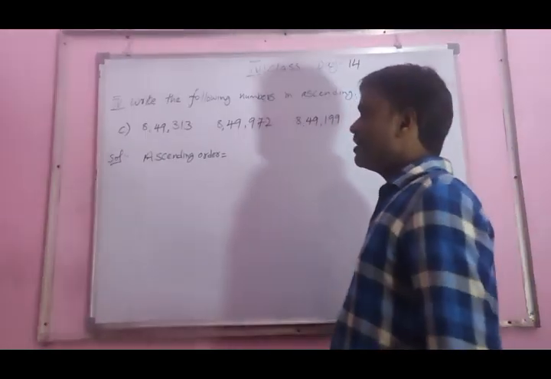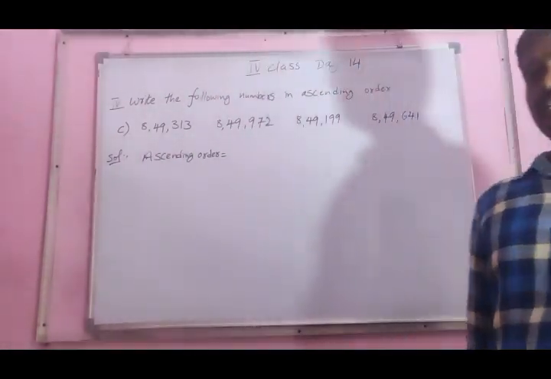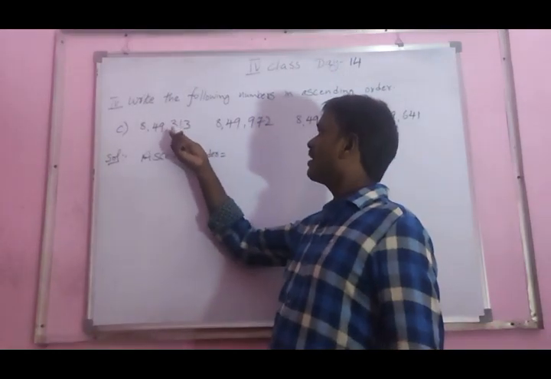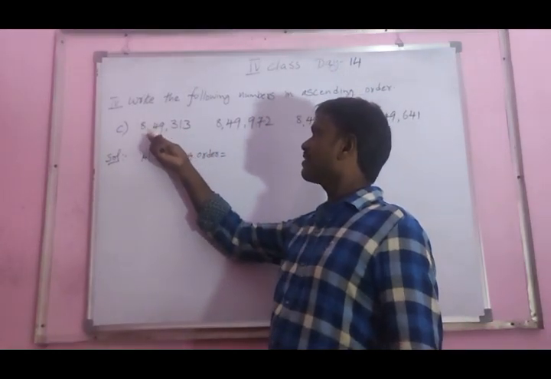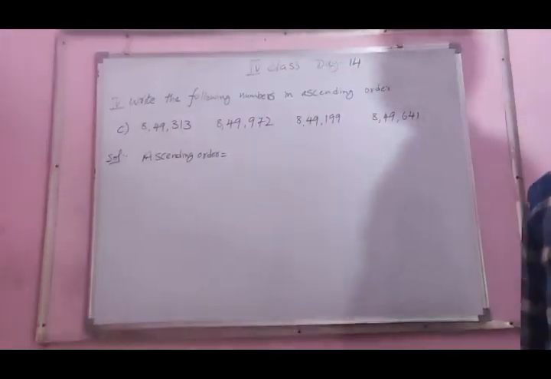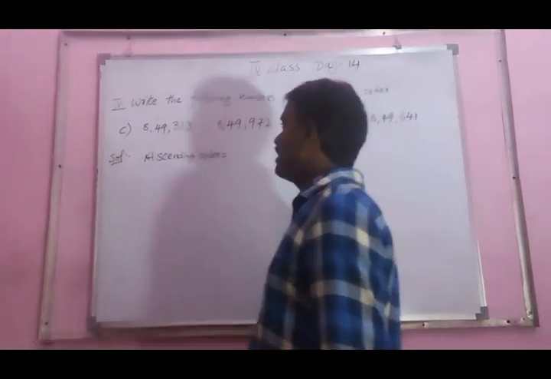So here highest place value is lakhs place. Ones, tens, hundreds, thousands, 10,000s, lakhs. So highest place value is lakhs.